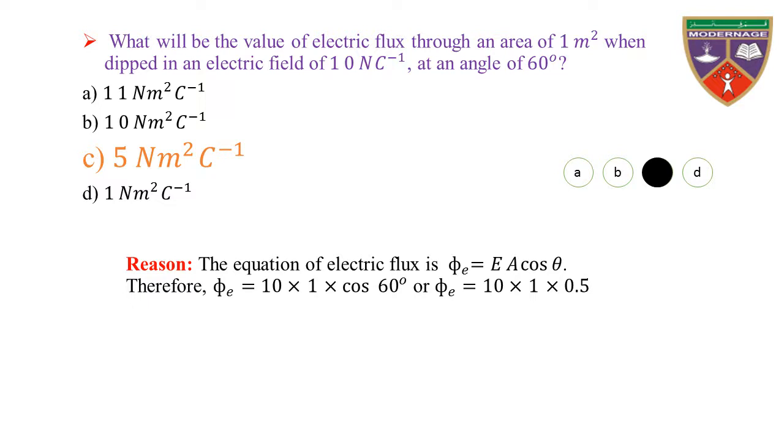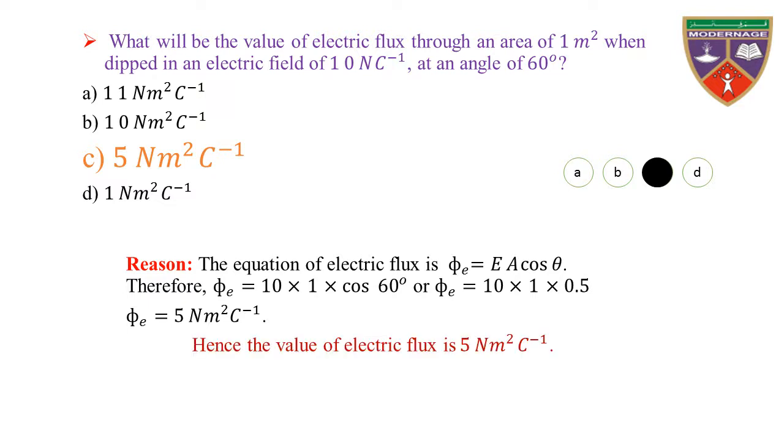The flux is equal to 10 into 1 into 0.5, because cos 60 is equal to 0.5. Therefore, flux is equal to 5 Newton meter square per coulomb. Hence, the value of electric flux is 5 Newton meter square per coulomb.